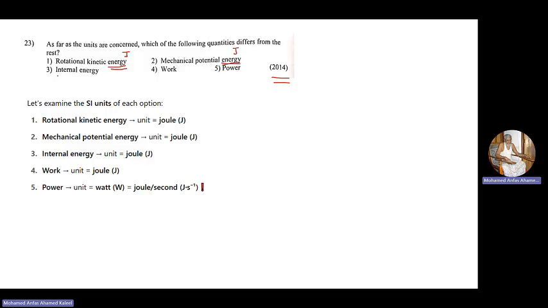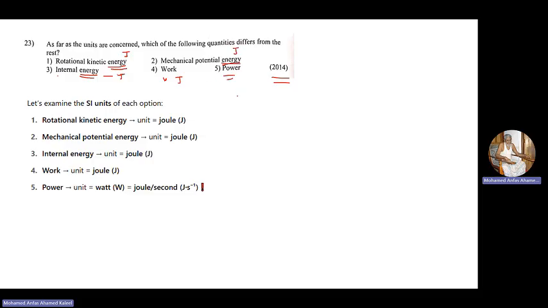The internal energy is also measured in joules, because it's energy. Work done is also measured in joules. What is power?